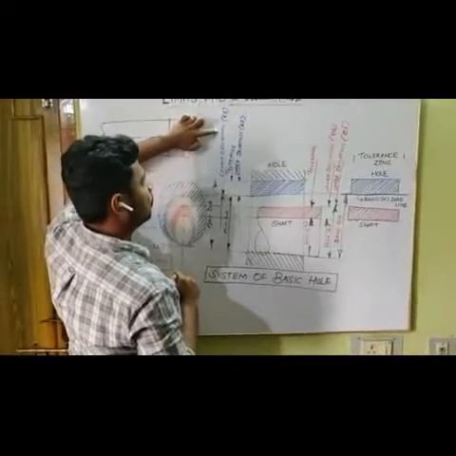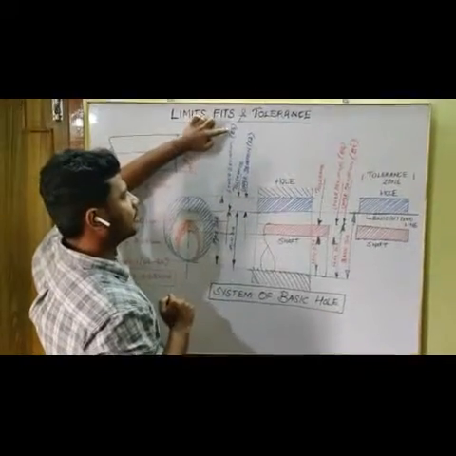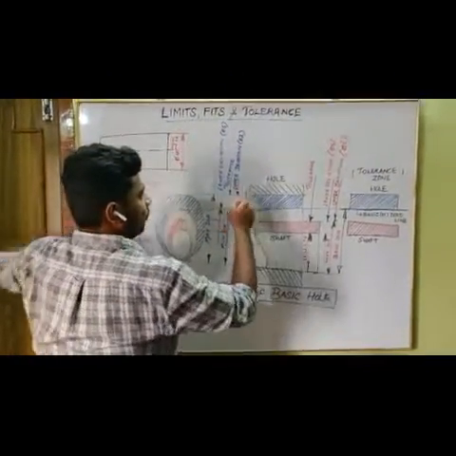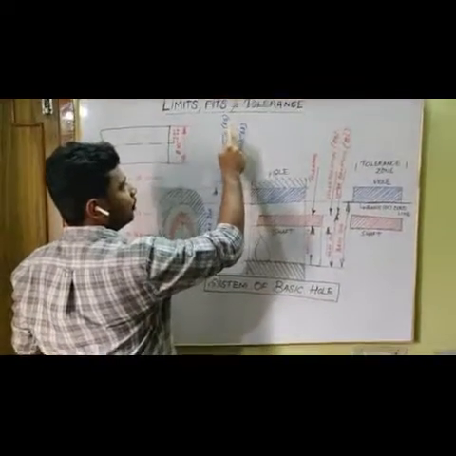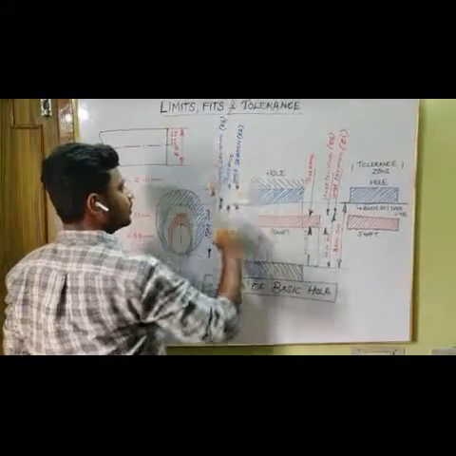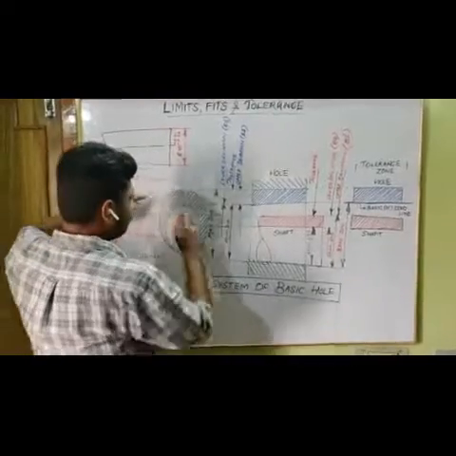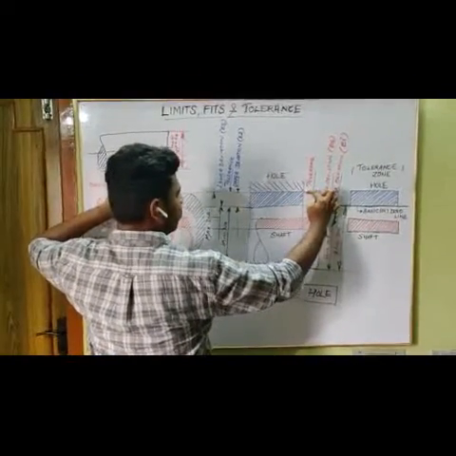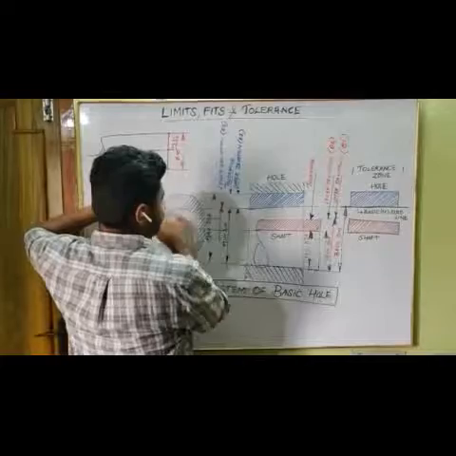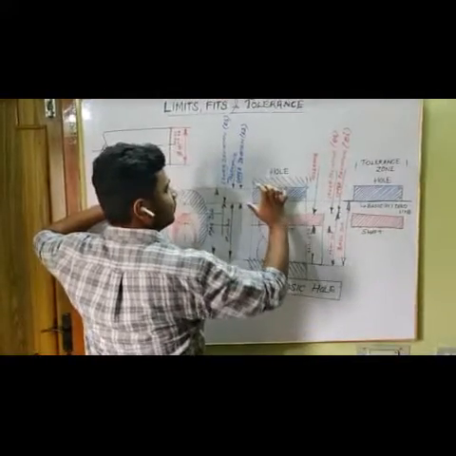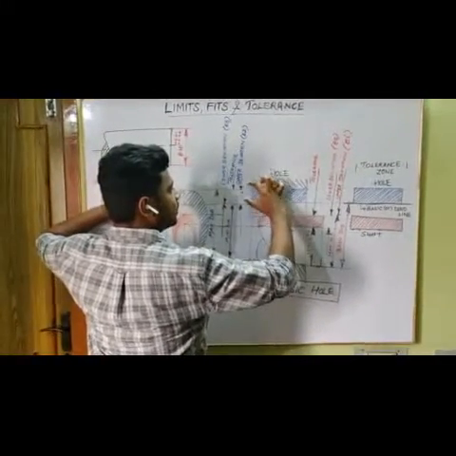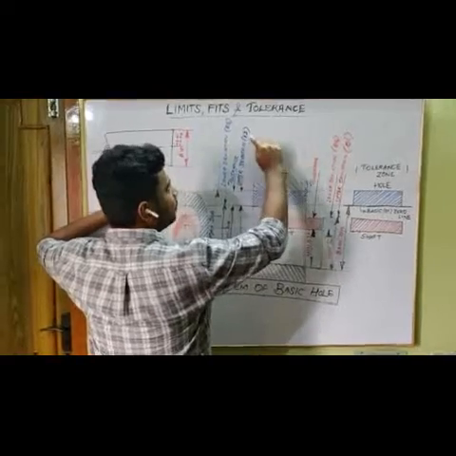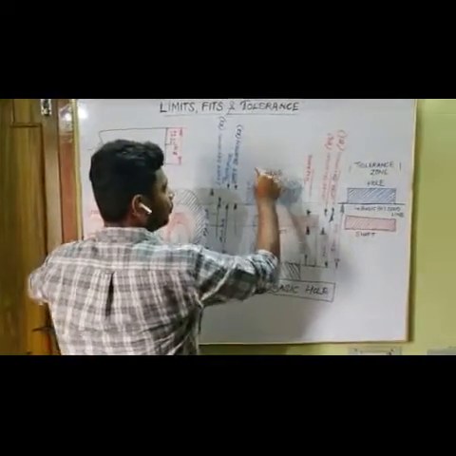That is your lower deviation, which is denoted by ES. For a hole, it should be in capital. For the upper deviation, we have the upper limit here for the hole, and the basic size is here. The difference between this basic size and upper limit is called upper deviation, denoted by capital EI for the hole.